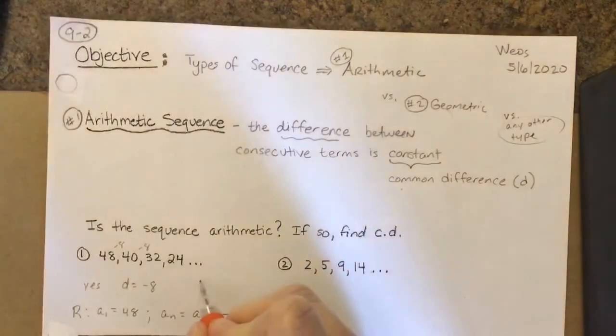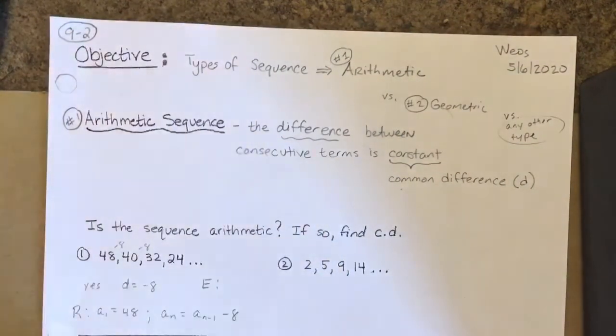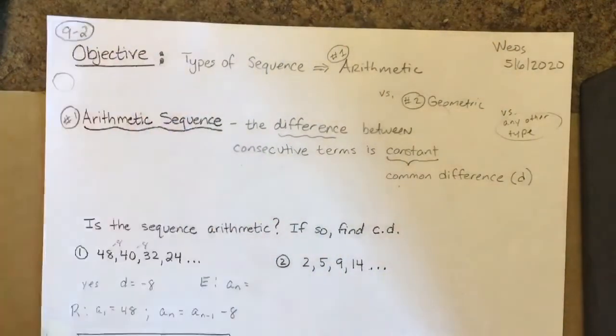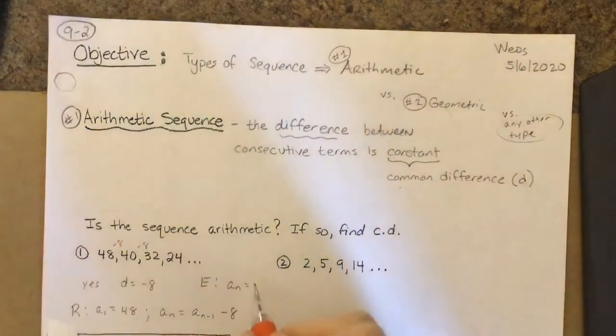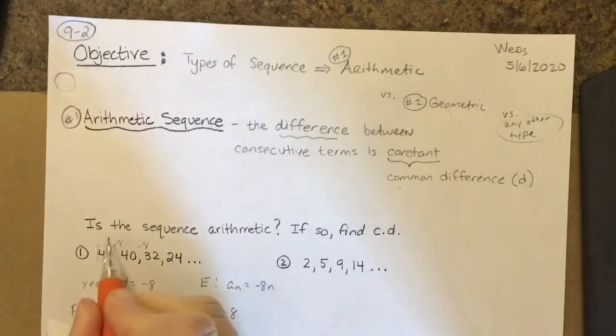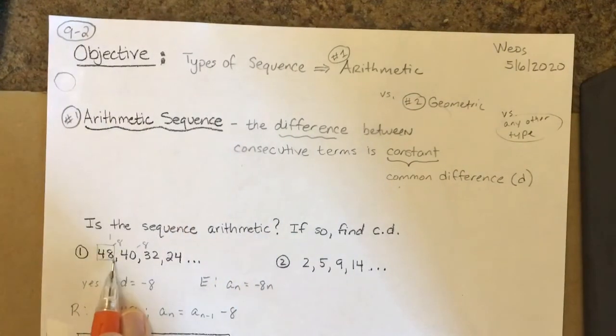Now, what about the explicit formula? All right, well, here's how I figure it out, right? If it's just this basic arithmetic, it's going down by 8 every time, so it's -8 times n, okay? Then I need to do a little bit of calculation to figure out, well, how can I get up to the first term, which is 48?